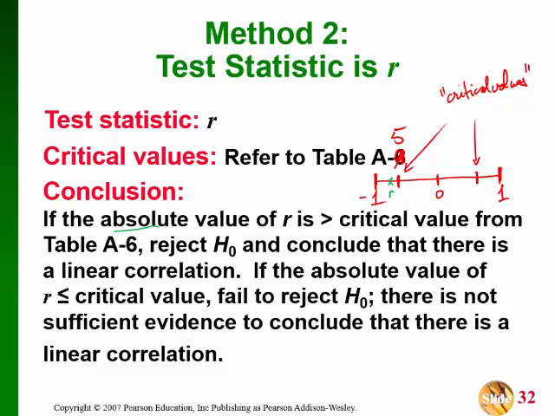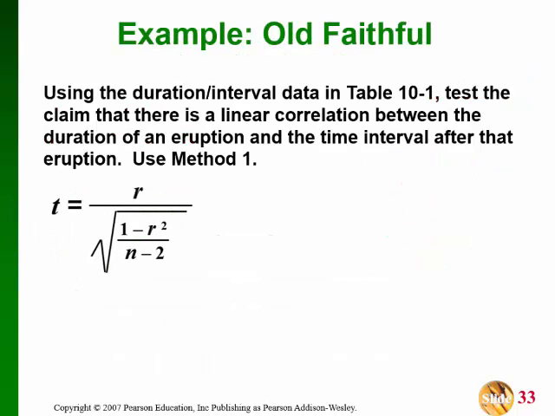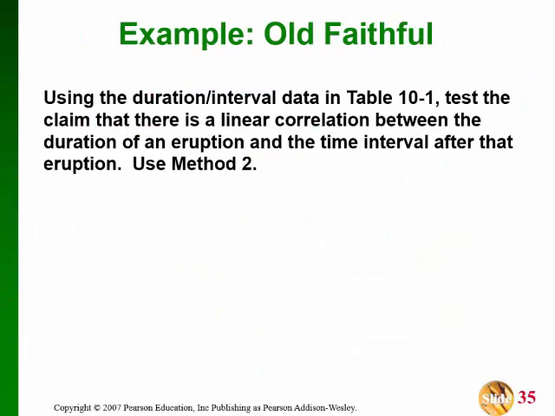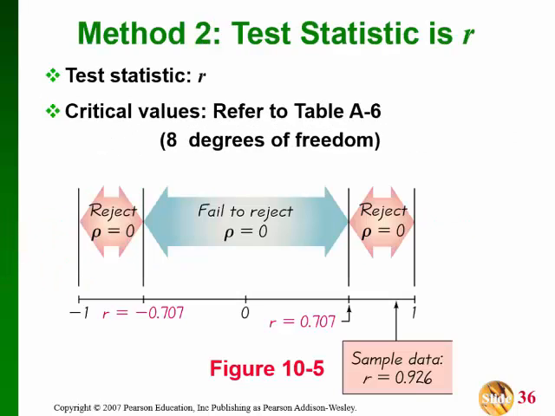Okay, so in terms of that picture that I was trying to draw, this is the picture that I wanted you guys to see. When you're using the r method and you're looking at the critical values, remember that your number line is only restricted between -1 and 1, and 0 is right in the middle.